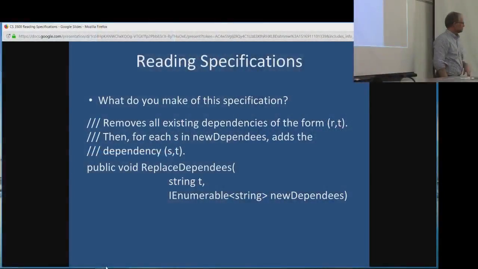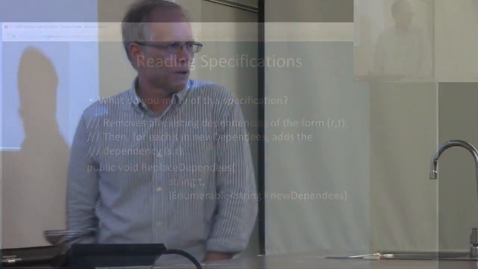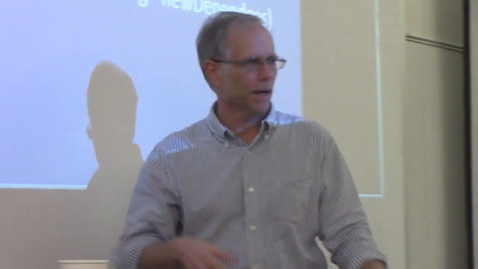You're saying there's 5 pairs of the form RT. So you take them all out. And if there's only 3, you put 3 back. That's what it says to do. It doesn't say it'll be the same size. Maybe this doesn't change the dependency graph at all. It takes some out, puts some in, and there may be different numbers being taken out and put in.